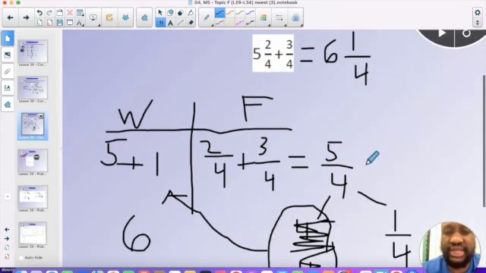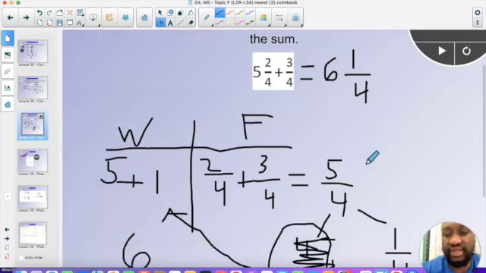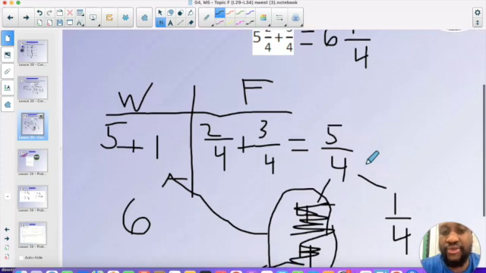To recap, what I did was I first broke down my mixed number and my fraction to add like terms. So I add my fractions, which was 2/4 plus 3/4, and I have 5 on its own. I started with my smaller unit, which is the fractions. So I added 2/4 plus 3/4 to make 5/4. And I could not keep it as 5/4 because 4/4 is equal to 1 whole.